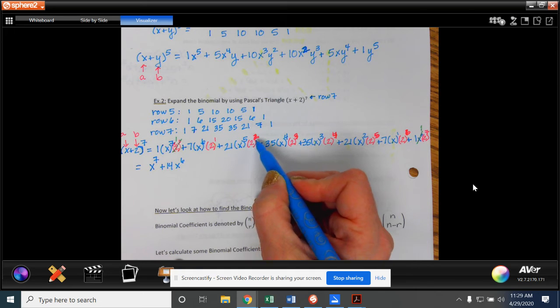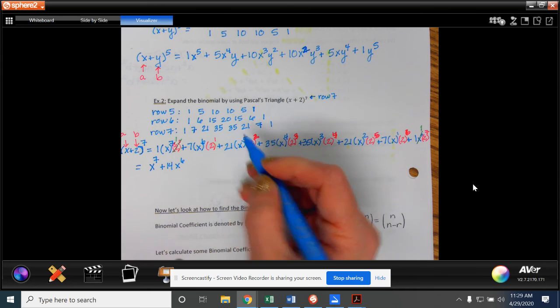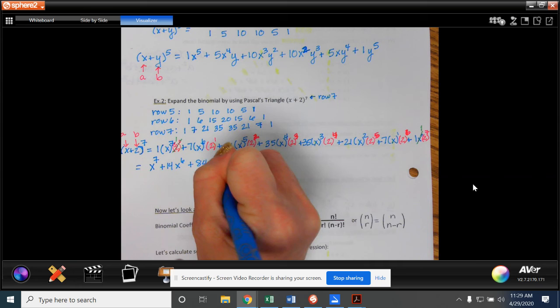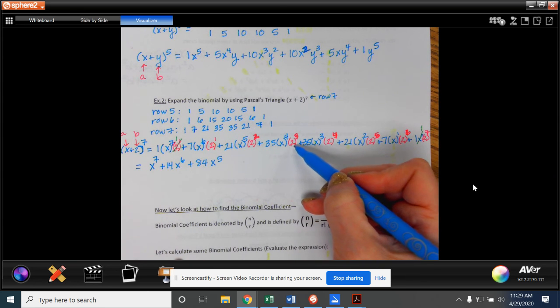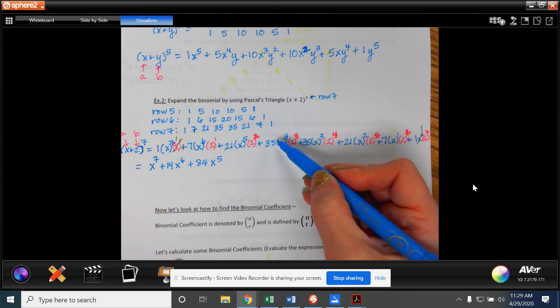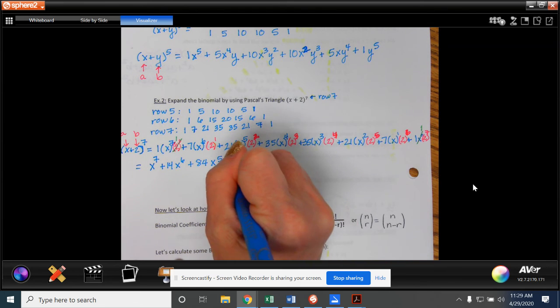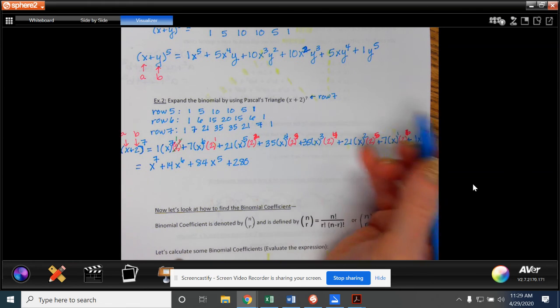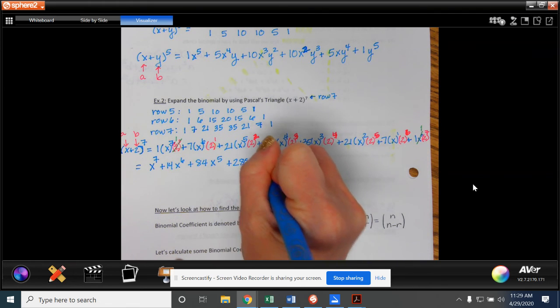So 2 squared is 4. 4 times 21 is 84, and that's x to the 5th. Then you got 2 cubed, which is 8. 8 times 35 will give us 280, and then my variables are going to be x to the 4th.